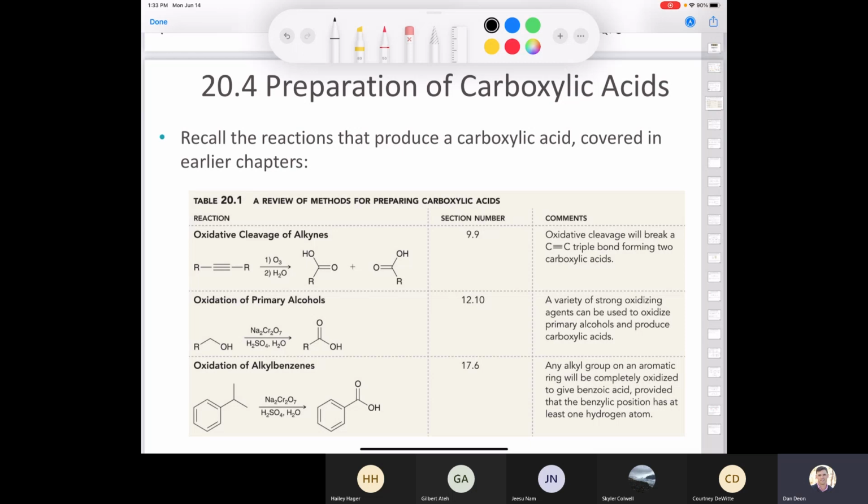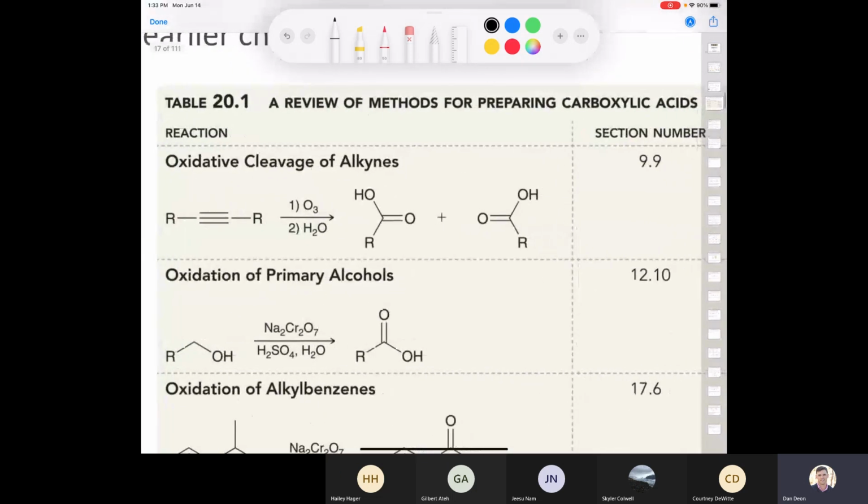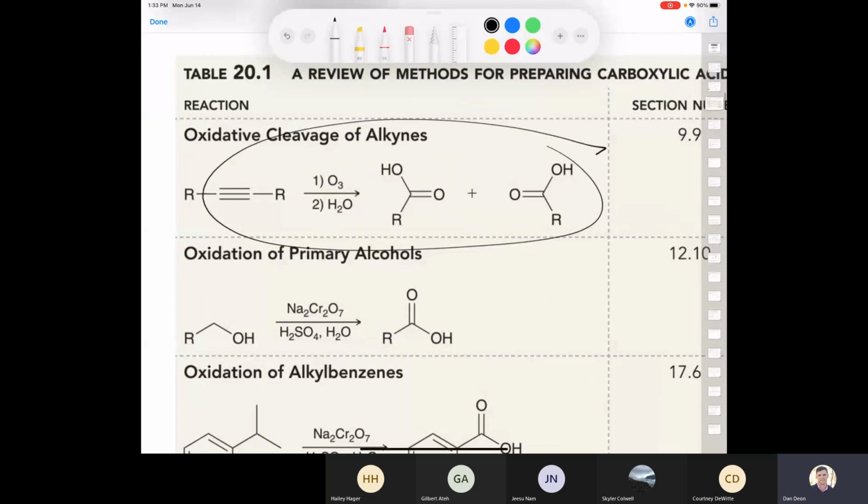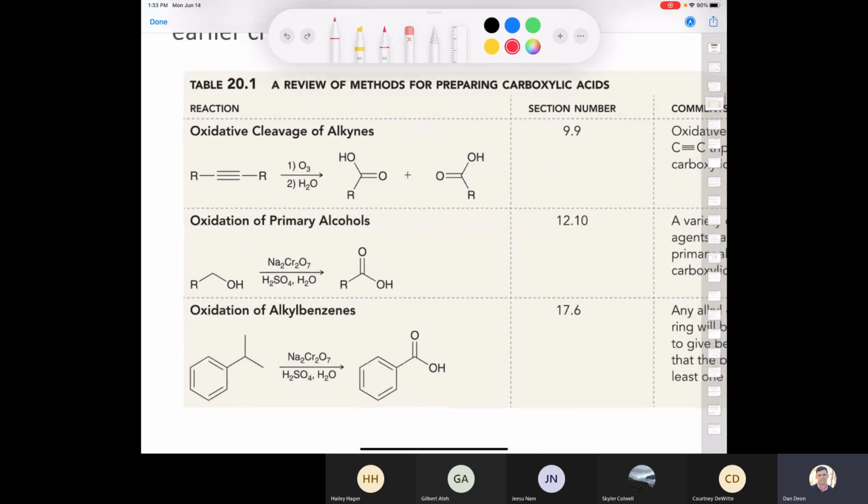Say, for example, when we talked about the oxidative cleavage or the ozonolysis of an alkyne, right? We covered this reaction in organic chemistry 1, okay, where you take an alkyne, you treat it with ozone followed by water, and what does it do? It breaks this bond, and you end up with 2 carboxyl groups.